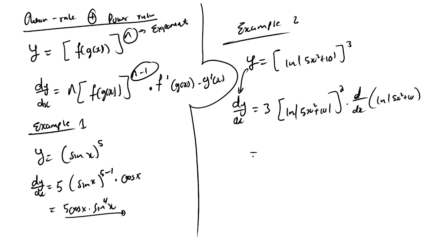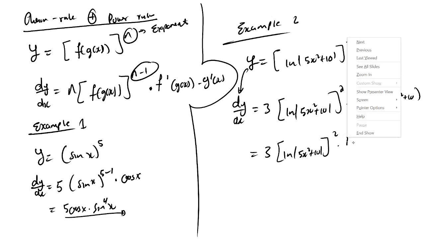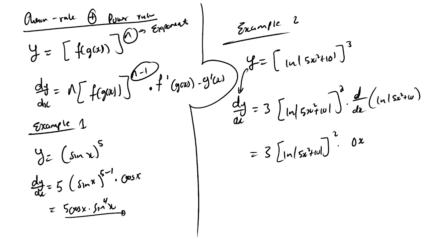So your answer is going to be 3 times the ln of 5x squared plus 10, squared, multiplied by the derivative of ln, which is going to be 10x all over 5x squared plus 10.